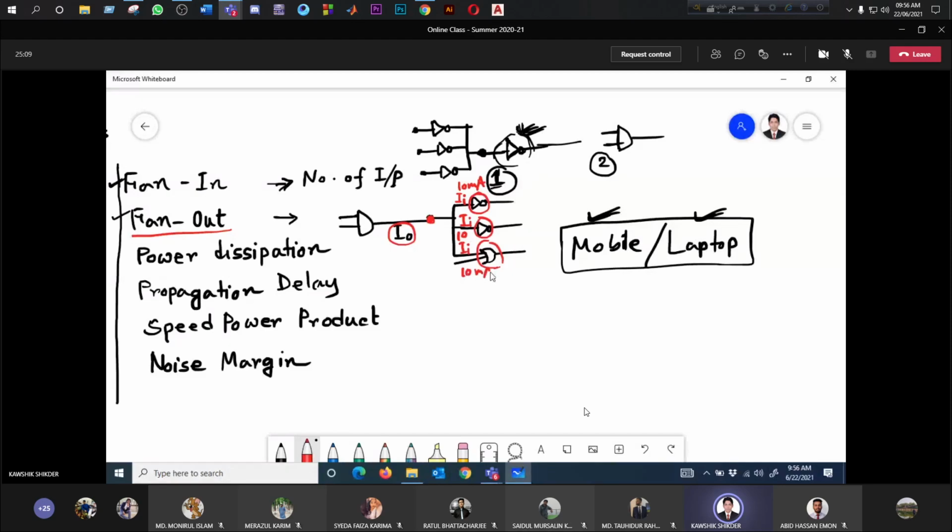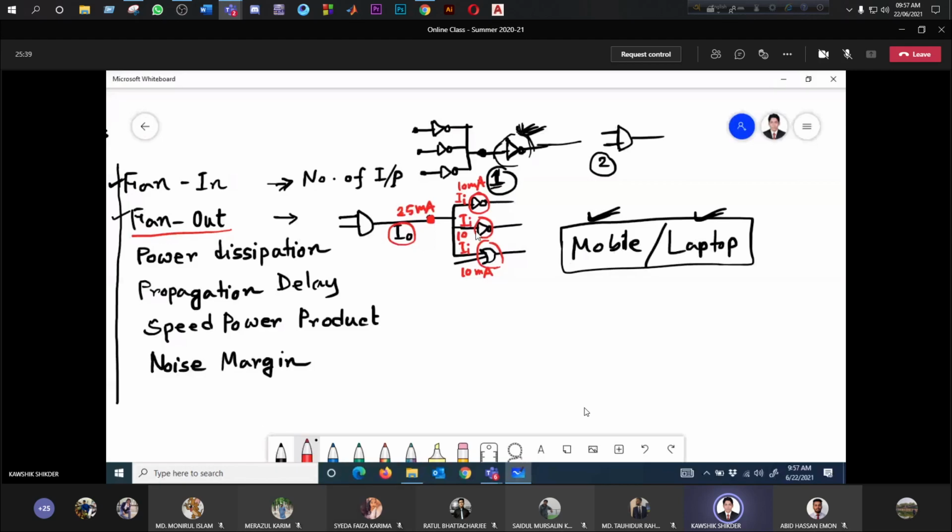And here the maximum output current is 25 milliampere. Then how many loads can be driven from this gate? The maximum supply current is 25 milliampere, that is the output current. So how many unique loads can be connected where their individual requirement is 10 milliampere? 2.